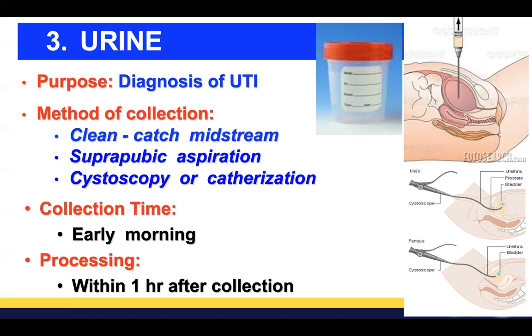This is simply done by cleaning the area first. So the periurethral area is cleansed with soap and water, and then it's wiped dry. And then the first few ml of specimen that's released is usually discarded. Now, this is to allow bacteria to be flushed from within the urethra. And then the midstream portion is usually collected.